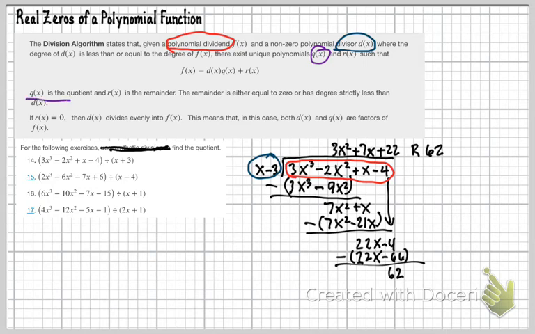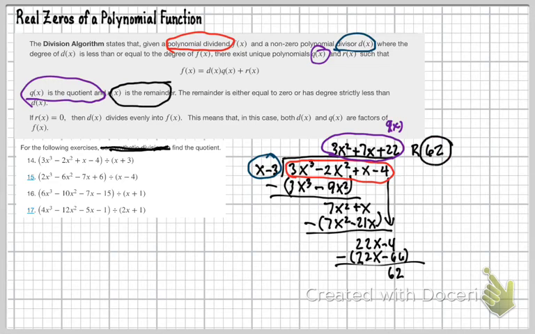And that's what we see down here, the quotient, the answer we came up with. And then one more thing to see here is we have the remainder, which is R(x), and that's the 62.